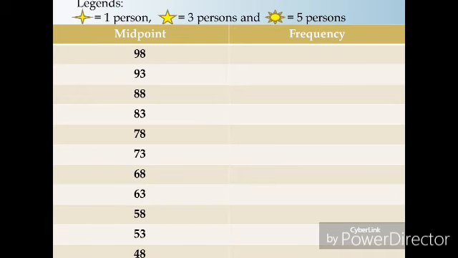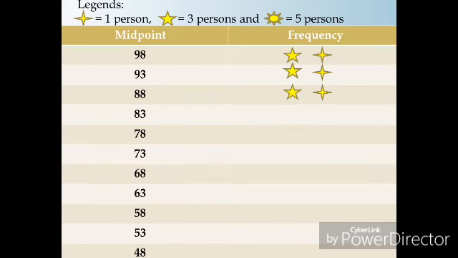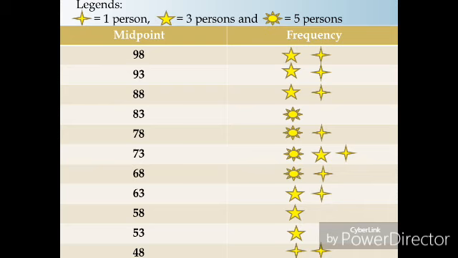If we plot our first midpoint, which is 98 that has 4 students, we'll just draw one spark and one star, which is 1 plus 3 equals 4 students. The same with our midpoints 93 and 88 that have 4 students. We'll just use the correct symbol that equals our data, and this is our final graph.